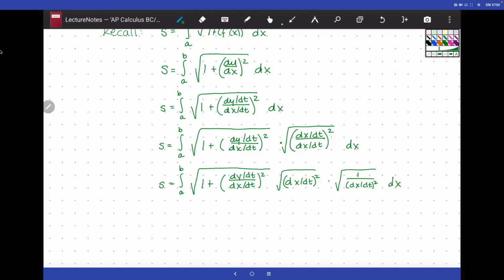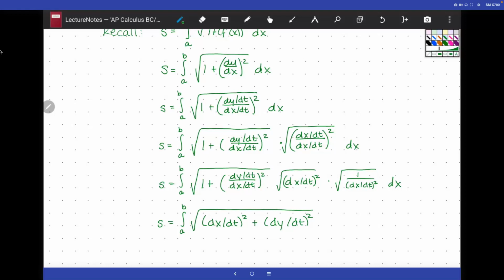All right, so now what I'm going to do, this one, I'm going to distribute inside here. So it multiplies by 1. And then when it multiplies by the fraction, the dx dt's will cancel. So what's it going to look like? We're going to have dx dt squared plus dy dt squared, all in a square root.